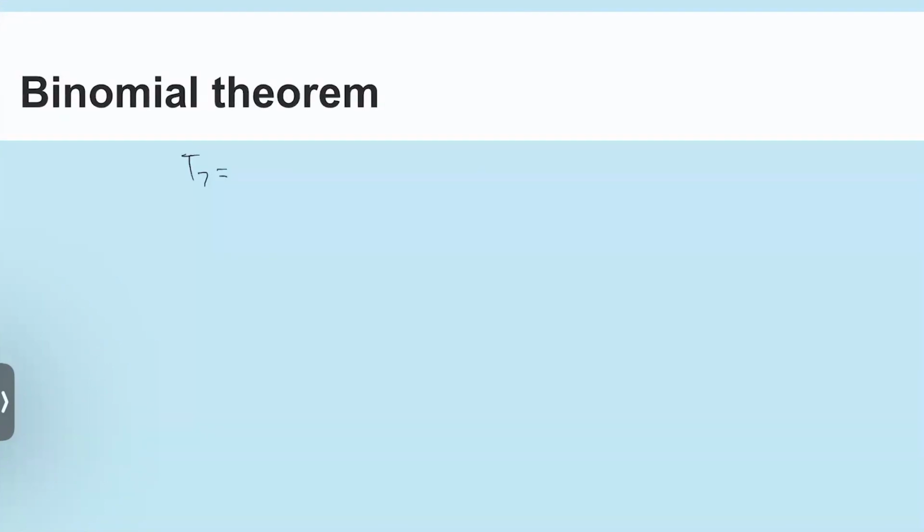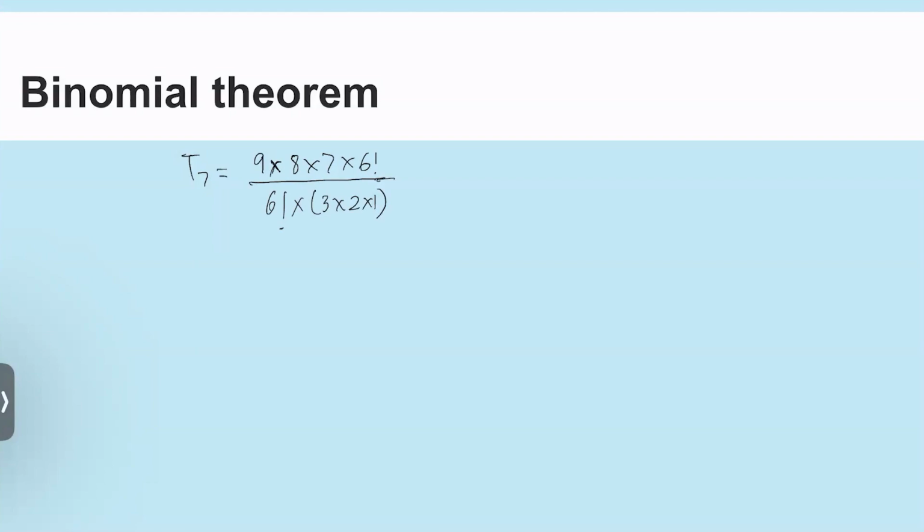So your T7 will be, you can write this as 9 into 8 into 7 into 6 factorial upon 6 factorial multiplied by 3 factorial, so 3 into 2 into 1.